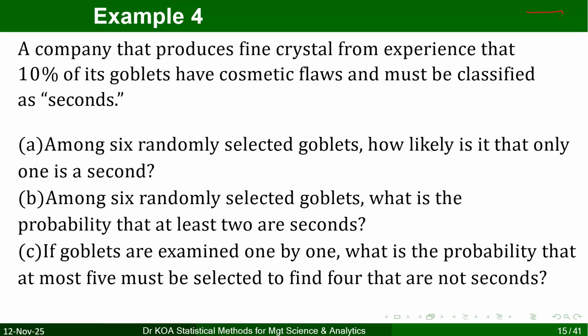Now, the B part says that among that same 6, what is the probability that at least 2 are seconds? So 2 are seconds here means that you are not looking at, it says at least. You're looking at what to what? 2 to 6. Okay. Which means that I could have also asked you what is the probability that at least 2 are not seconds.